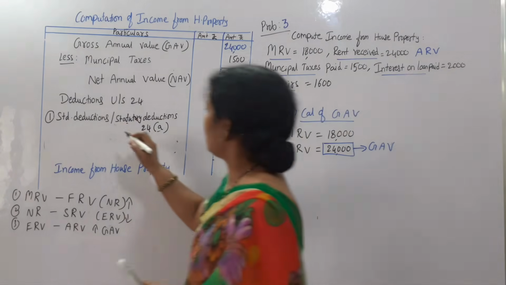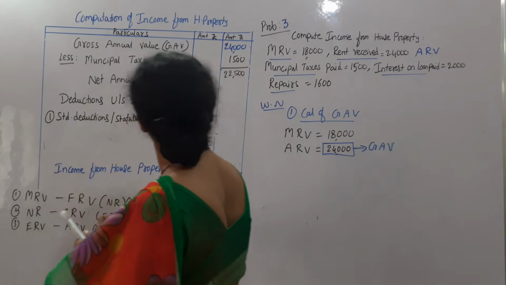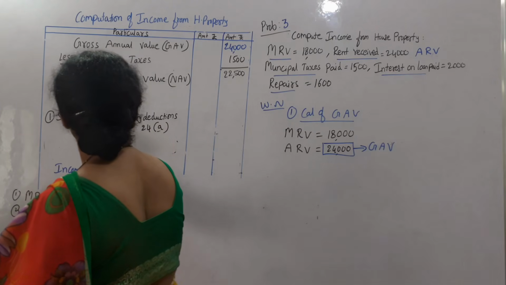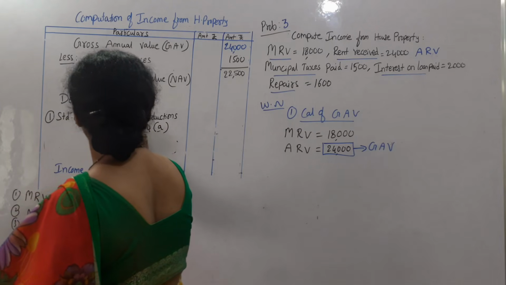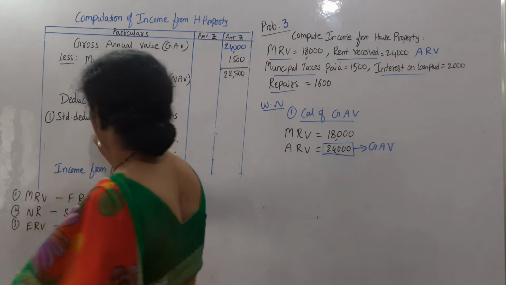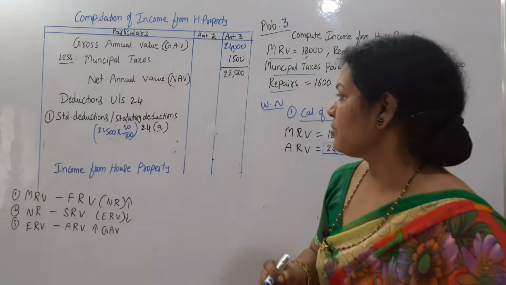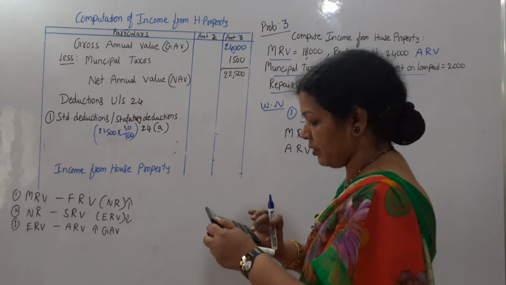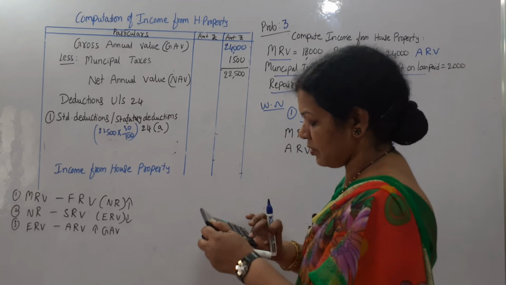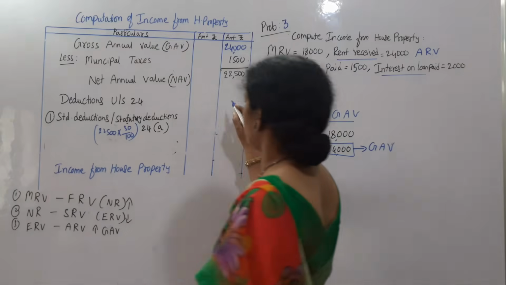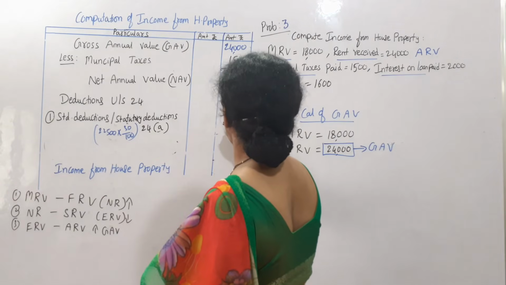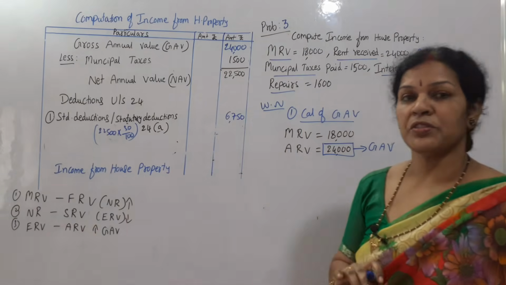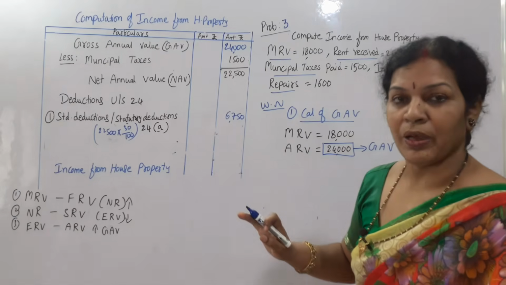So 30% on 22,500. 22,500 into 30% is 6,750. This is standard deduction, 30% on the net annual value.